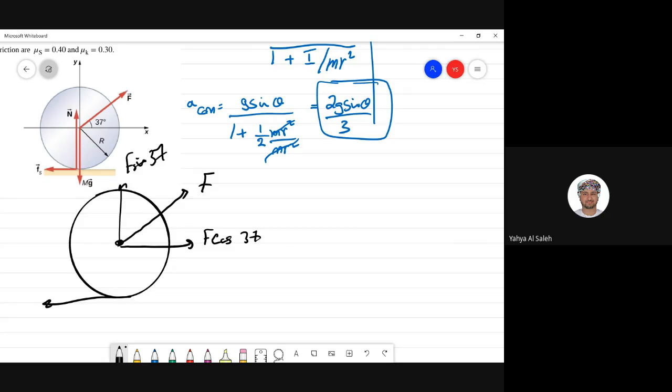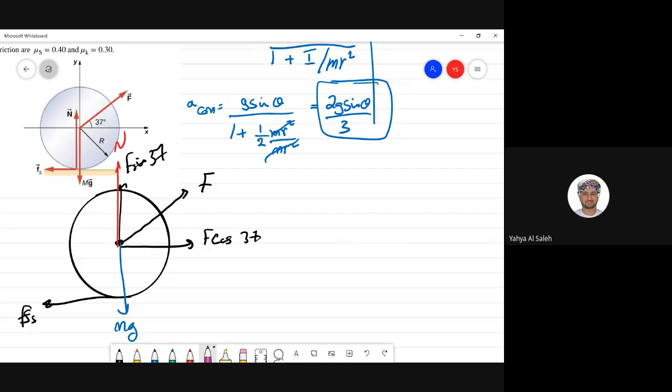And I will have friction. I will also have the normal force. And I will have gravity downwards. This is my free body diagram. So let's write it down.